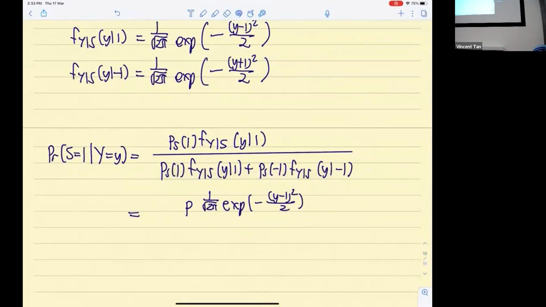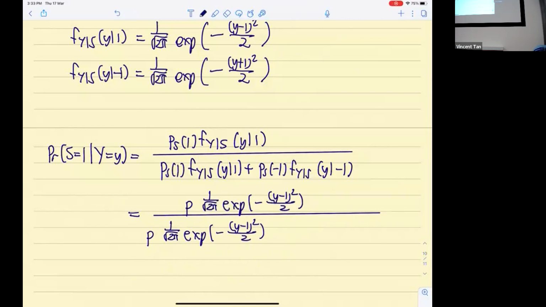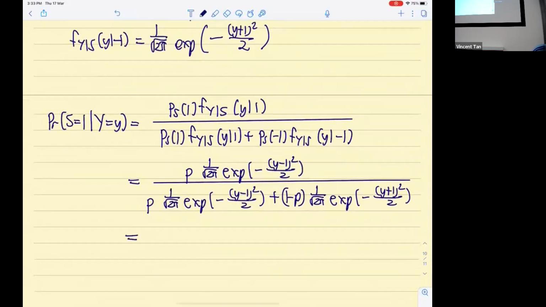We can do the same at the bottom, plus this part here, but we need to change this a little bit to be 1 minus P, and this is a plus. This looks very complicated, but it can be simplified. The simplified expression is P e to the y divided by P e to the y plus (1 minus P) e to the minus y. Only the linear part gets retained. I'm not going to do all the simplification.